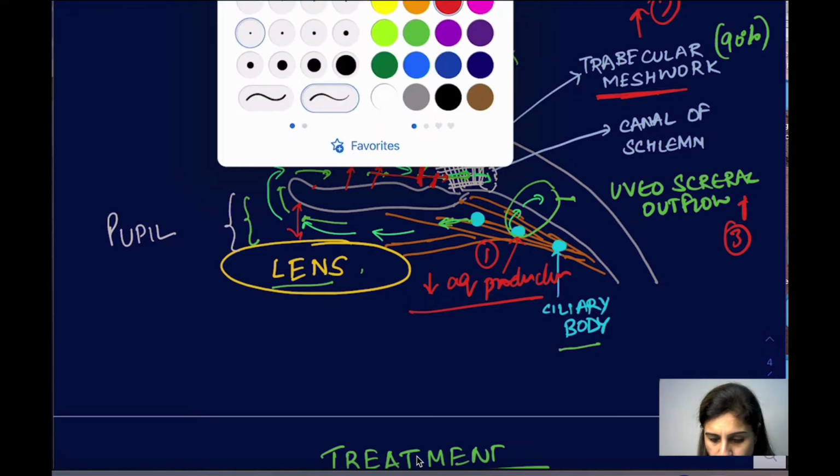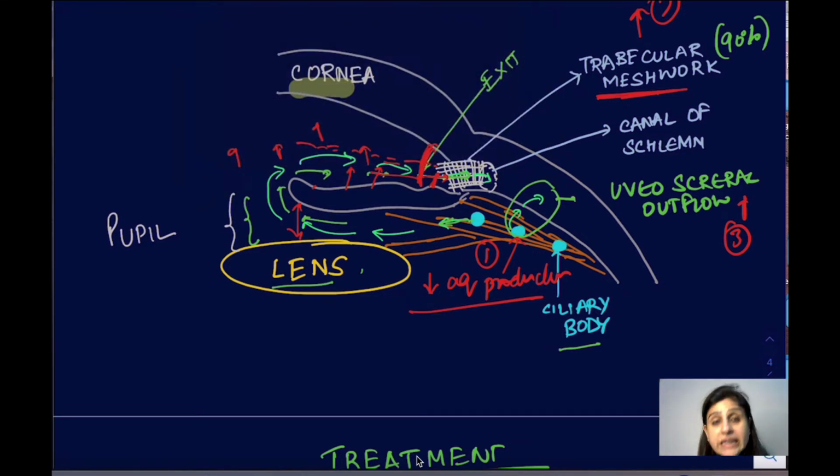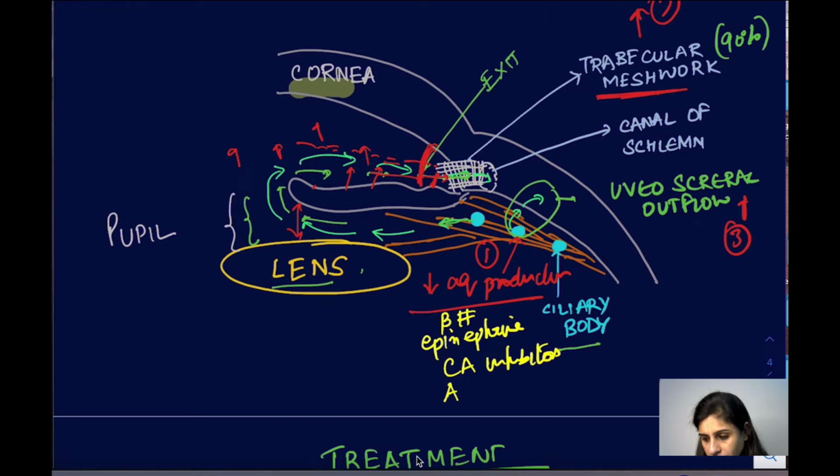If we are going to talk about drugs which decrease aqueous production, we have drugs like beta blockers, drugs like epinephrine or dipivefrin, carbonic anhydrase inhibitors, and adrenergic agonists also.